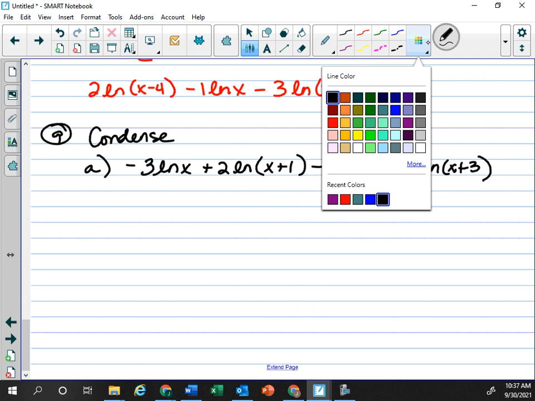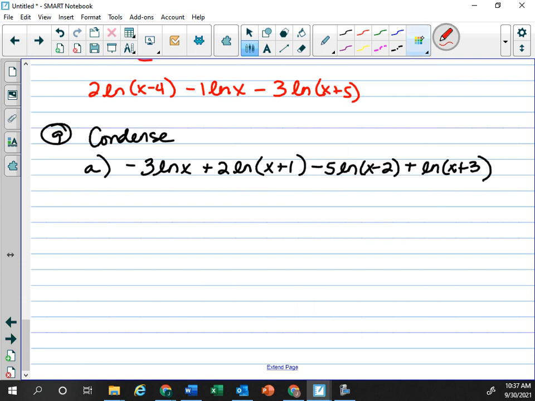You are trying to write that as a single natural log, condensing it all the way down. I'll give you guys a minute to try.